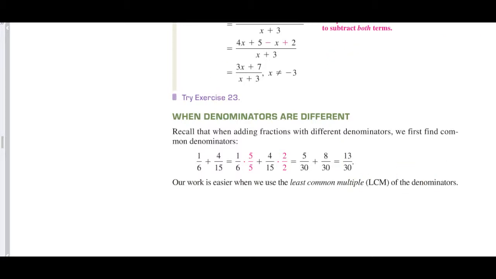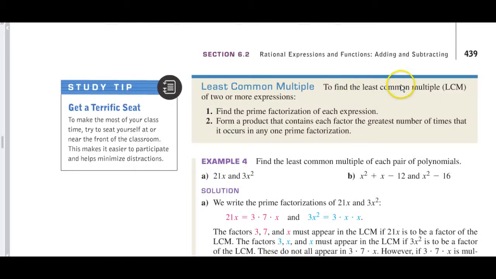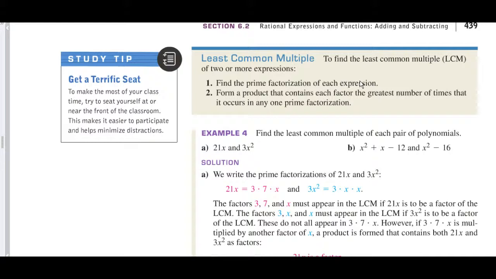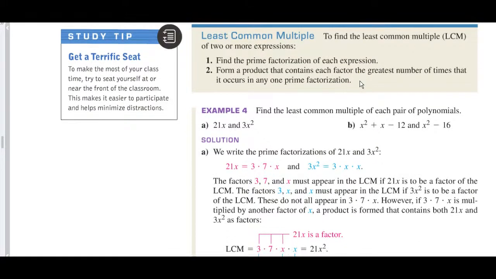Now we use this as we go into rational expressions, and they want us to find the least common multiple that will be our least common denominator in a sense. So here they're giving us the strategy.